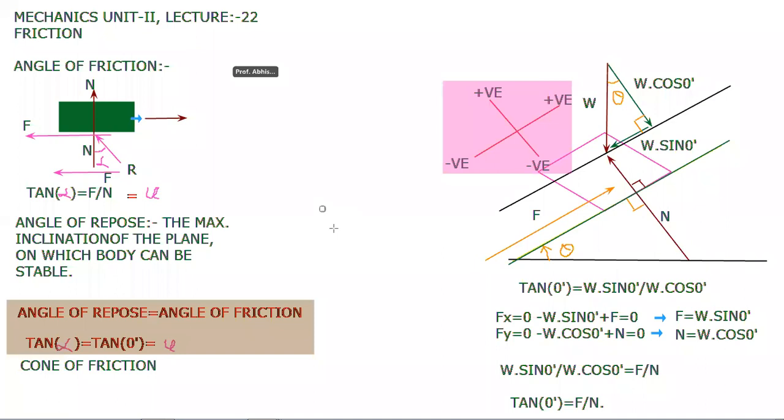Now after that, we will see what the cone of friction is. If we rotate the reaction R along with the N, then a cone will be formed, and that cone is nothing but the cone of friction.